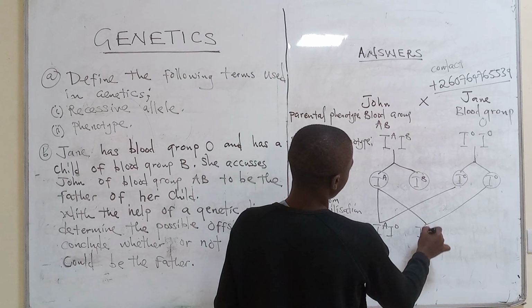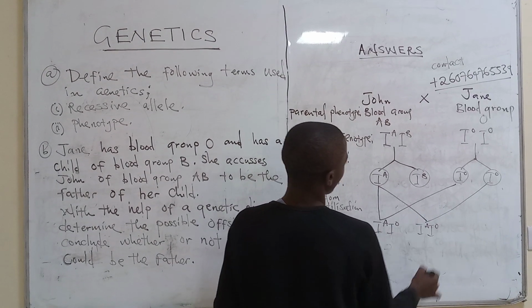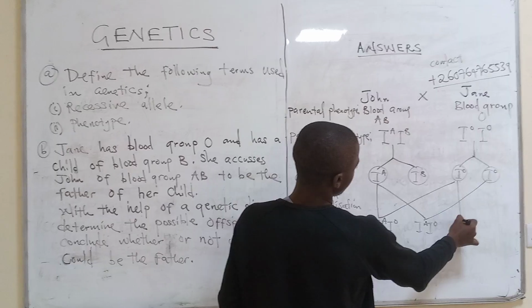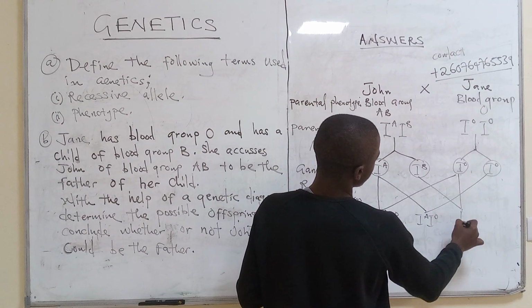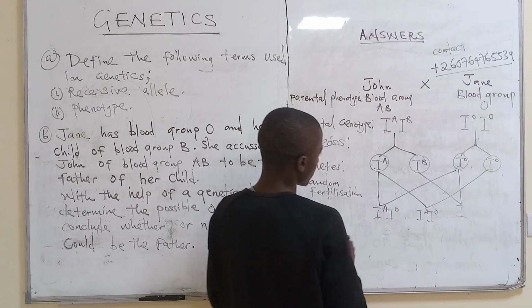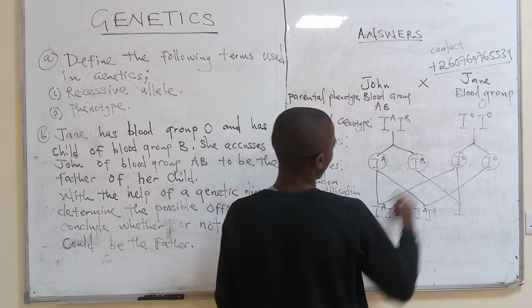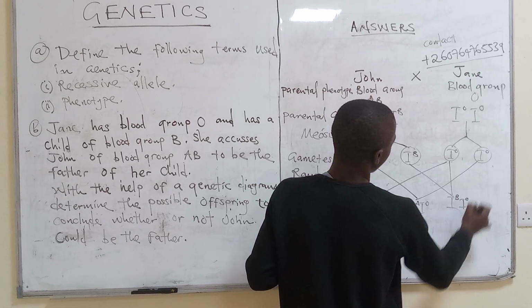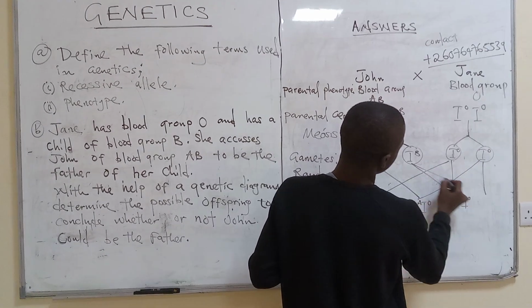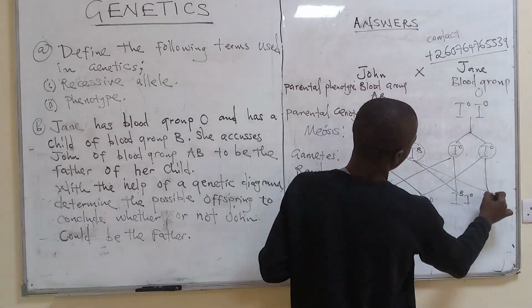So blood group A is dominant over O. From there, we go and collide with that one. So blood group B is dominant over O. So that is IB i, like that.